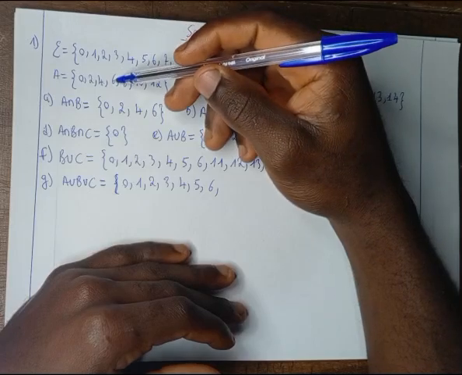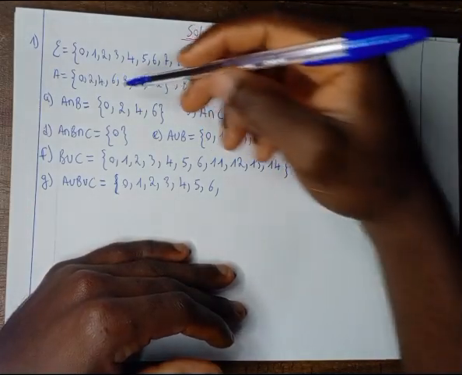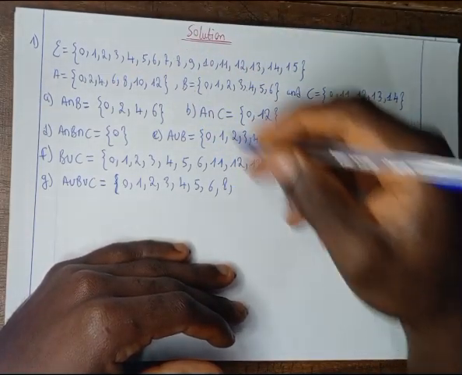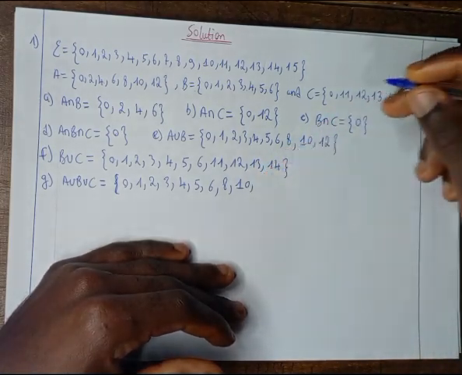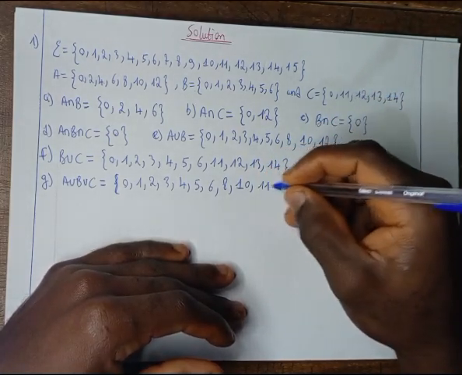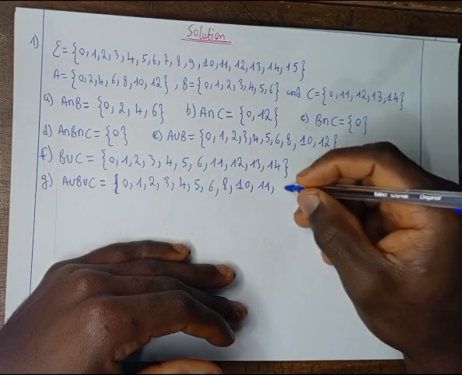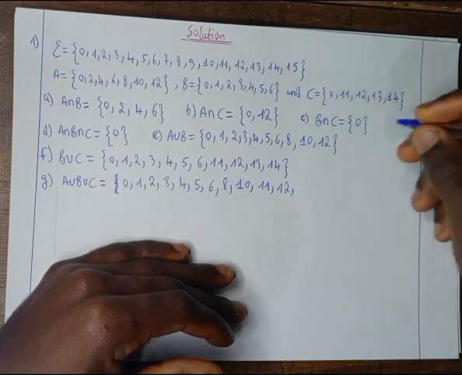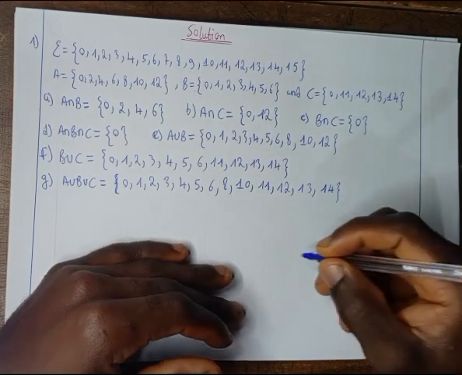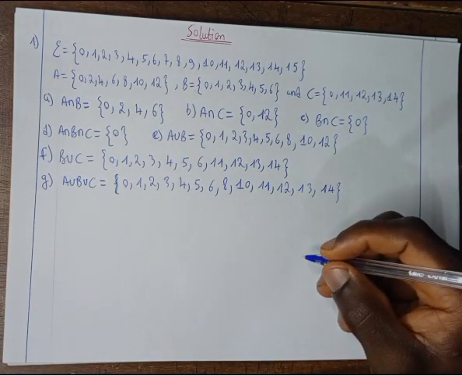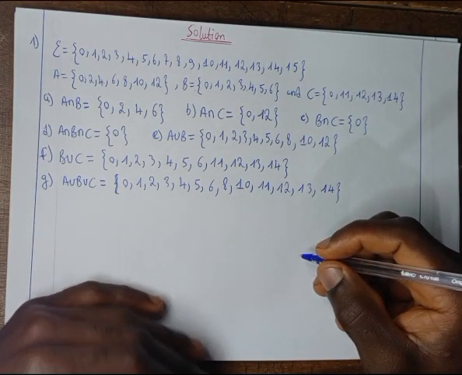Next, there is no 7, there is 8, there is no 9, there is 10, there is 11, there is 12, there is 13, and lastly 14. So these are the elements of the set A union B union C.